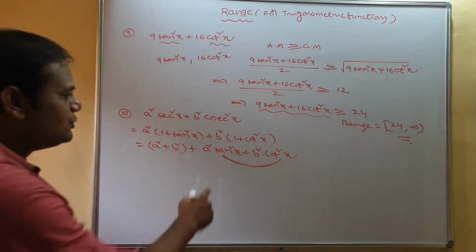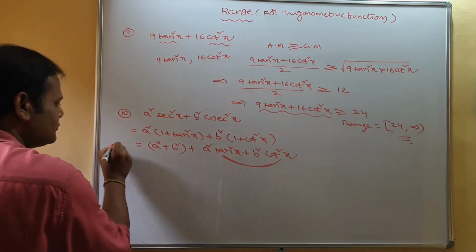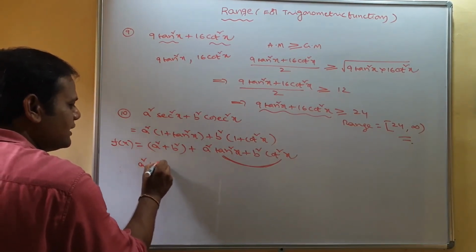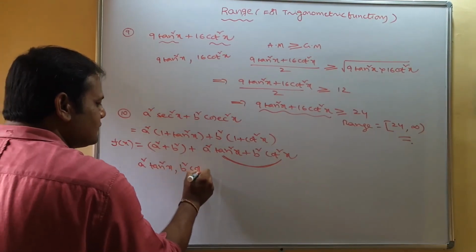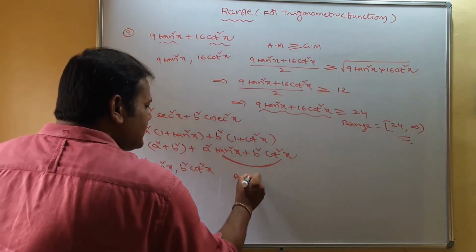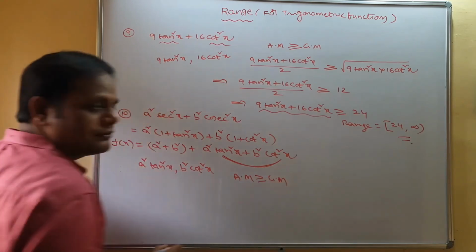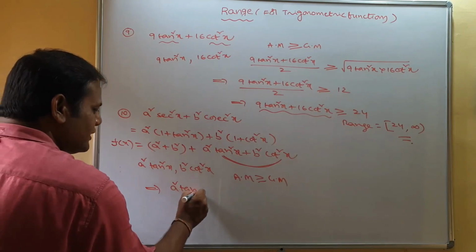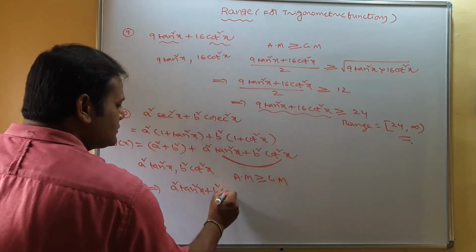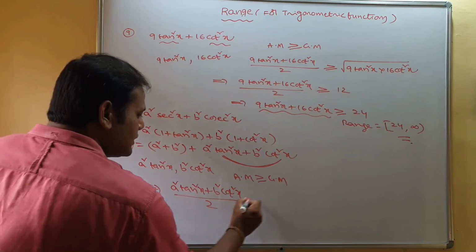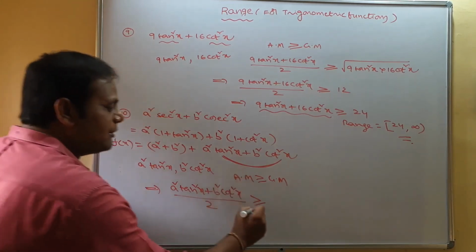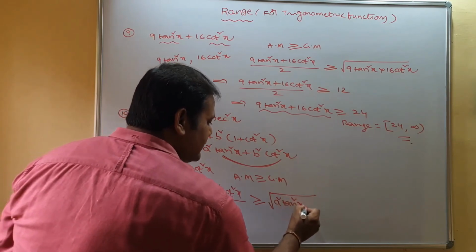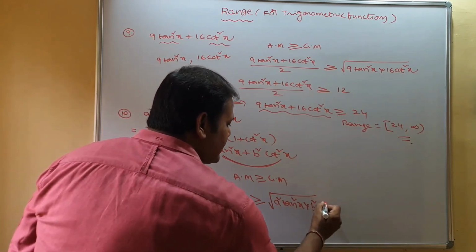Now you apply arithmetic mean greater than or equal to geometric mean between these two terms. This is the total function f of x, and I am just considering a square tan square x and b square cot square x. Arithmetic mean here is (a square tan square x plus b square cot square x) by 2, greater than or equal to the geometric mean, root over a square tan square x into b square cot square x.